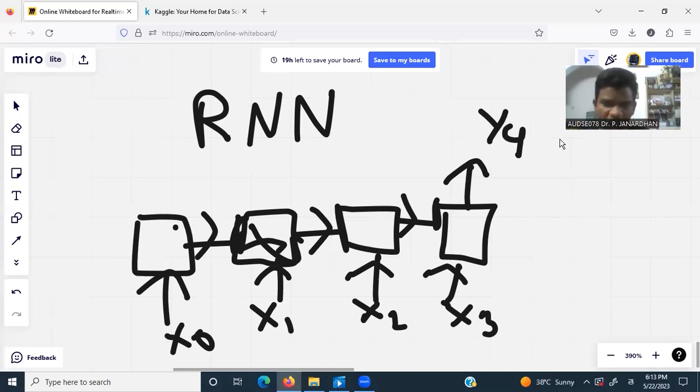But from the second to the last unit, we are going to have two inputs, x1 and also the hidden output of the previous layer. Therefore, this unit will not only have x1, but also the structural idea of x0, what x0 is and what it represents, the hidden feature of the neural network of x0. And we are going to continue to do that until we get to the last layer.